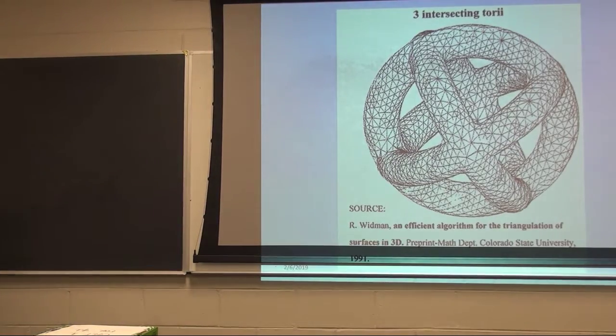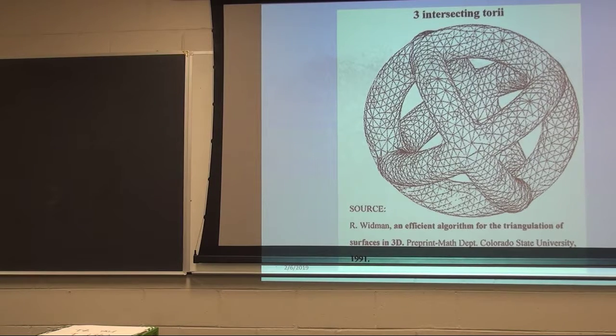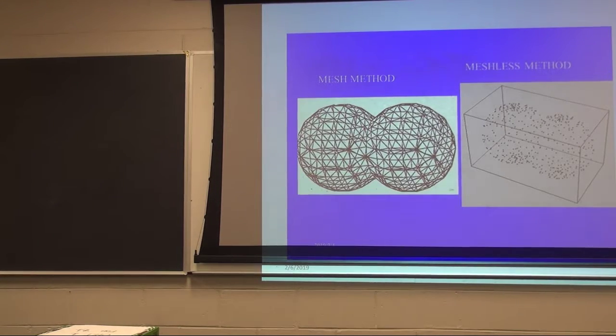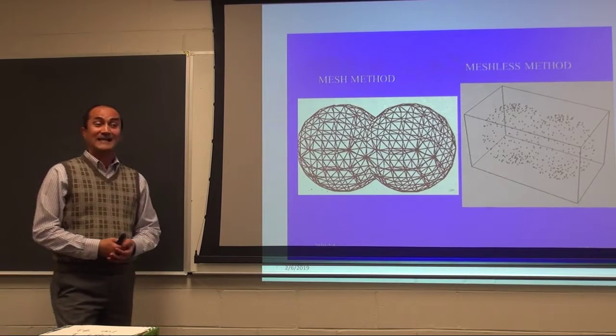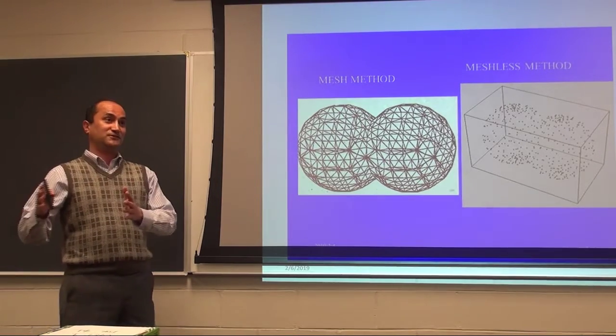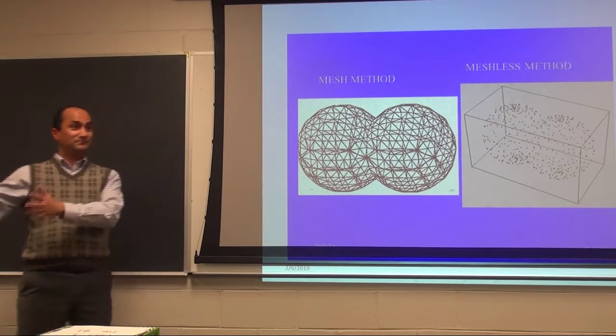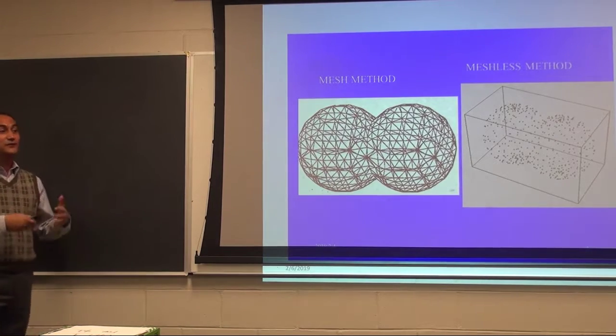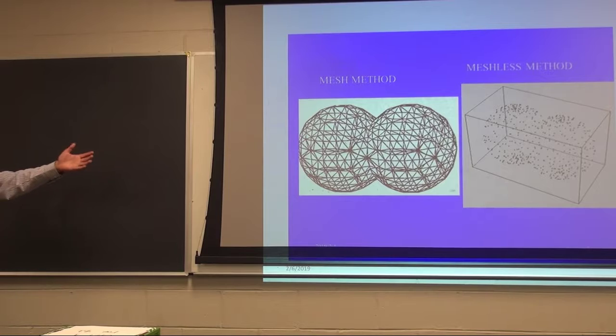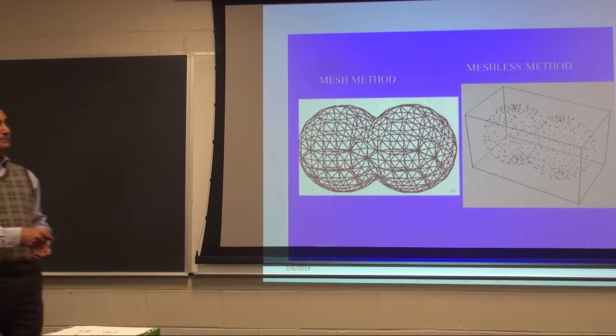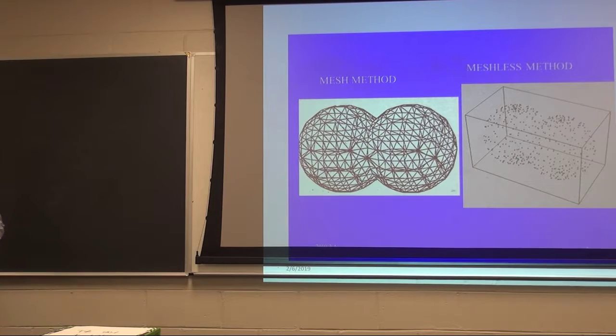When you go meshless, we don't have to do it. Of course, every numerical method has pros and cons, but still, they have something in creating a mesh. This is a mesh method, and this is meshless.